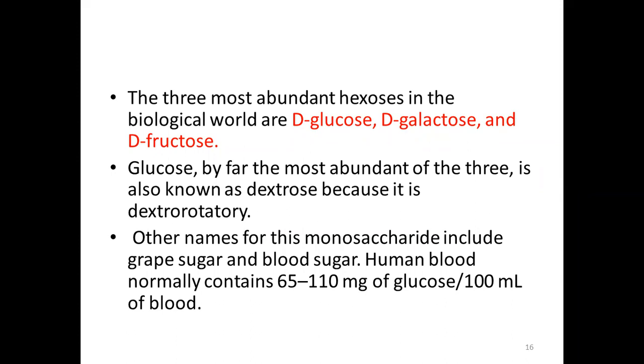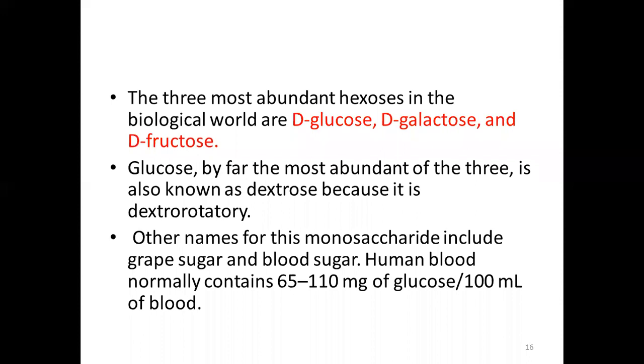So glucose by far is the most abundant of the three, known as dextrose because it's dextrorotatory. Other names for this glucose monosaccharide include grape sugar or blood sugar. The human blood normally contains 65 to 110 milligrams of glucose per 100 ml of blood.